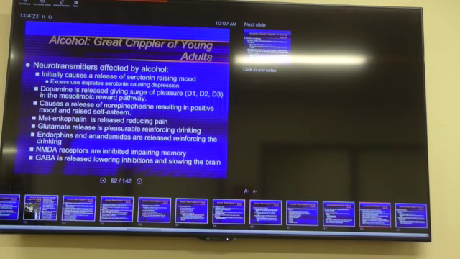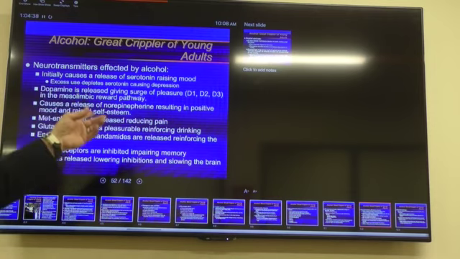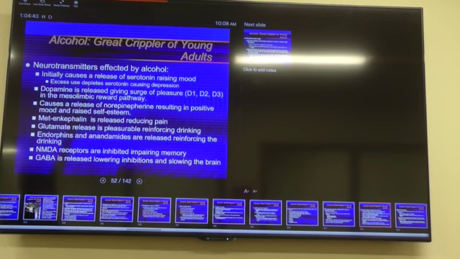So you're increasing your serotonin level in your brain, and so what is your brain doing? It's down-regulating the number of serotonin receptor sites. So now when you're not drunk, and you don't have that surge of serotonin from the alcohol, now you're more depressed than you were before, because you have down-regulated your serotonin receptor sites.